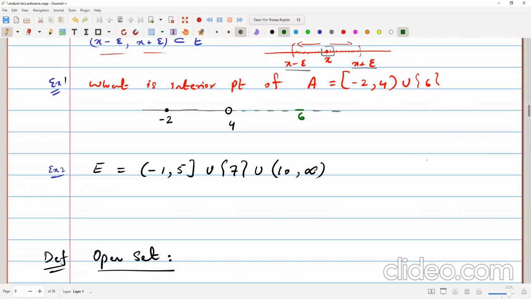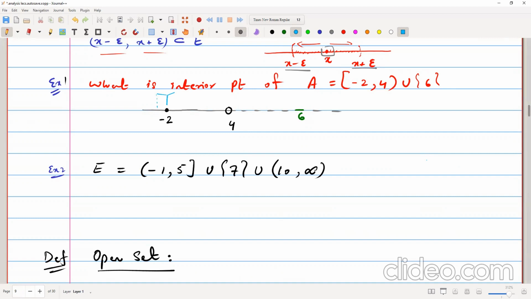Now if we want to find the neighborhood of every point, let's talk about this point first. This point is included, so we can stand on it and expand in both directions, left and right. We can see that if we expand to the left, we are moving out of the set.